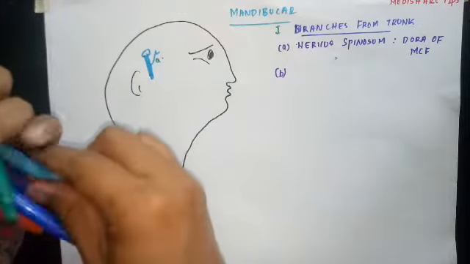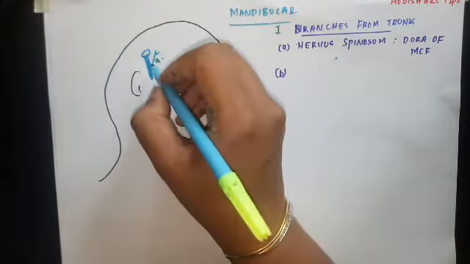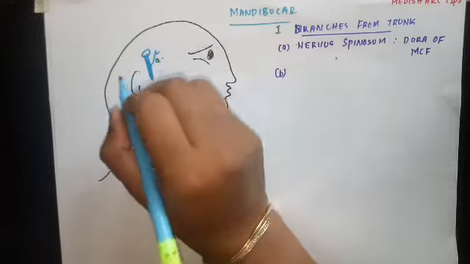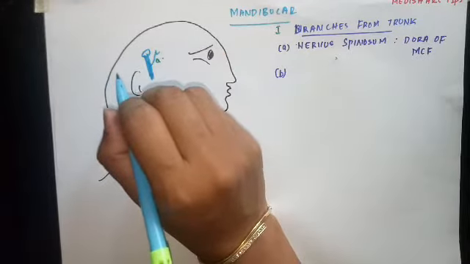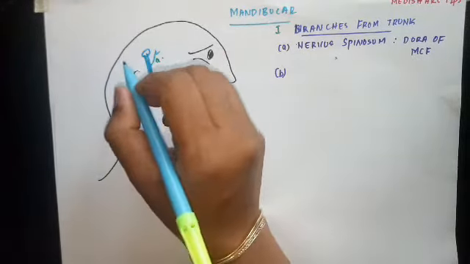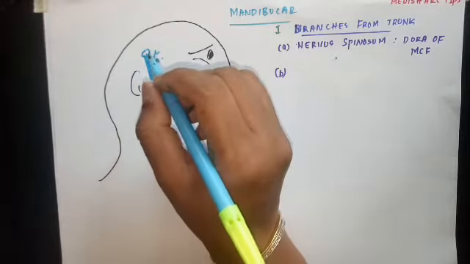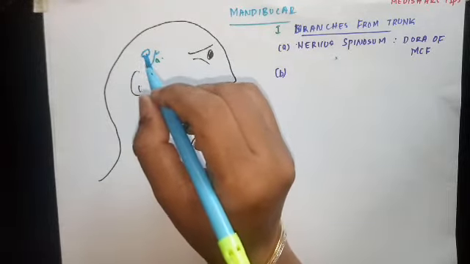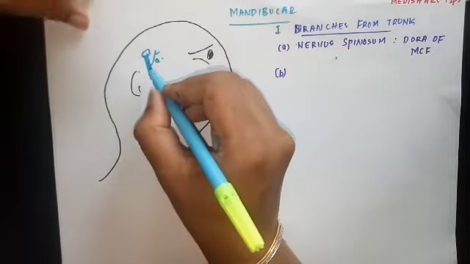And there are branches to the medial pterygoid, and also it supplies the tensor tympani and tensor veli palatini through the otic ganglion.